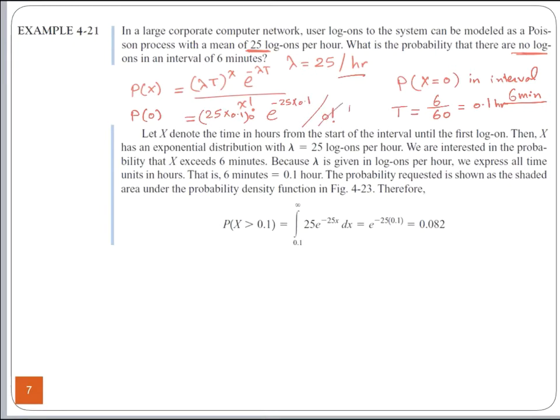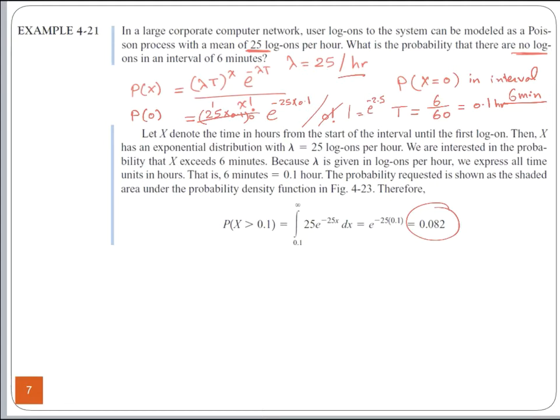This to the power 0 is equal to 1. So we end up with e to the minus 2.5, which is going to be equal to 0.082. Now that's one way to solve the problem, since the problem is about the Poisson distribution. Now, how can we solve this problem using the exponential distribution that we have just discussed?